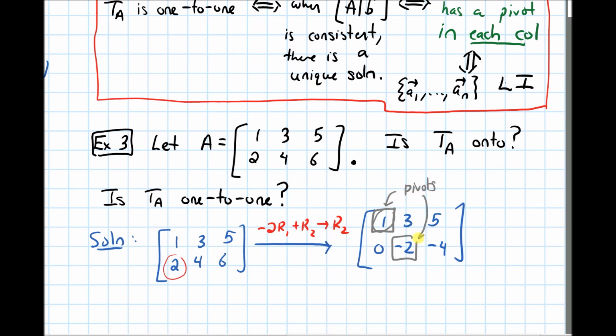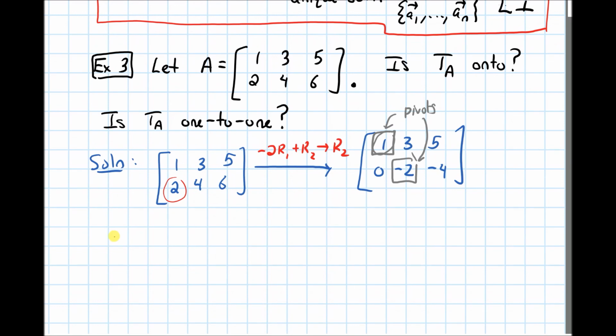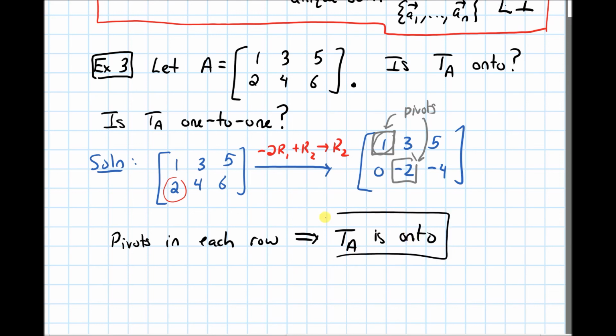Okay, so we see that there are pivots in each row. And when there are pivots in each row, our matrix, or our transformation, is onto. So T_A is onto. So are there pivots in each column? No, because the third column doesn't have a pivot.